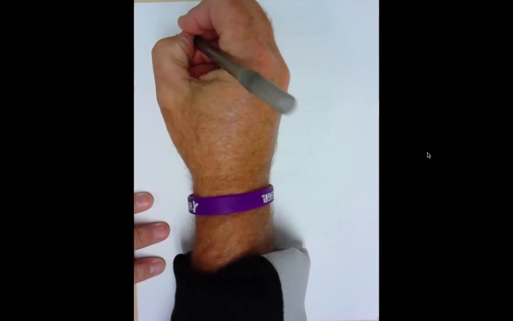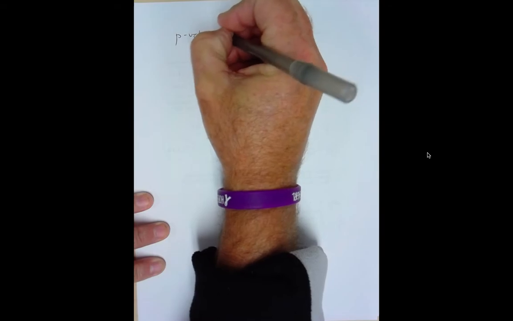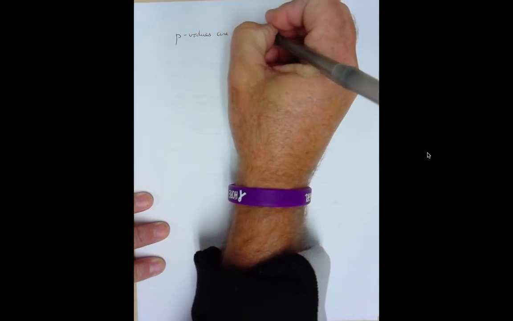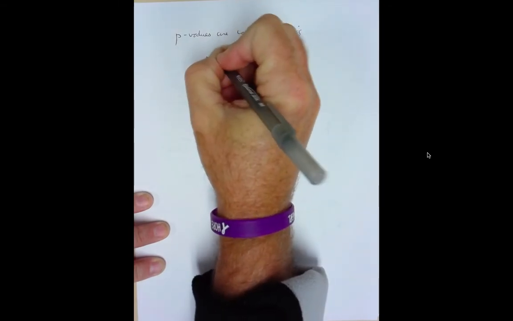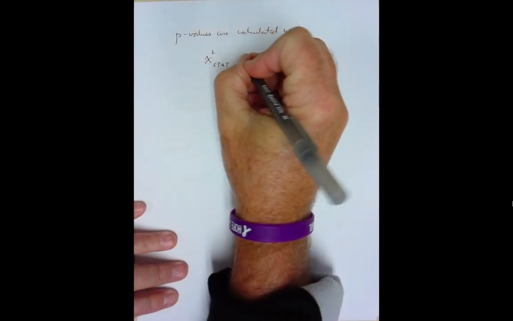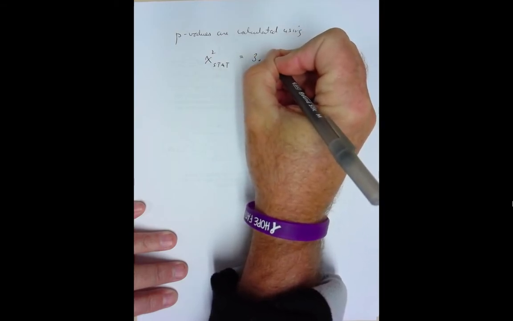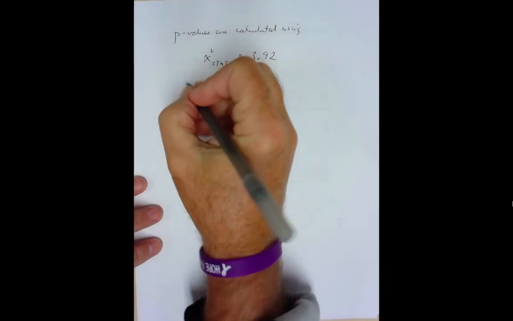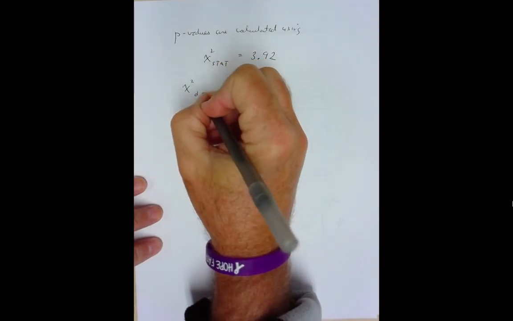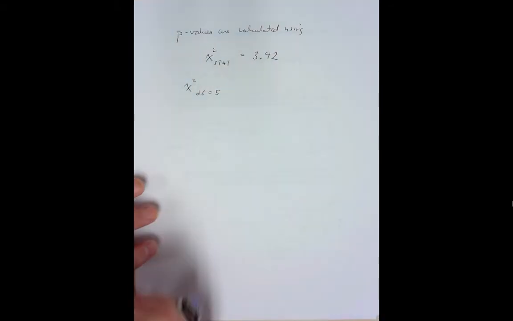Now, to calculate a p-value, it's just about the same. Remember, p-values are calculated using a chi-square test statistic, and just for this illustration, let's assume that our chi-square test statistic is 3.92, and let's say we're dealing with a chi-square with degrees of freedom equal to 5.